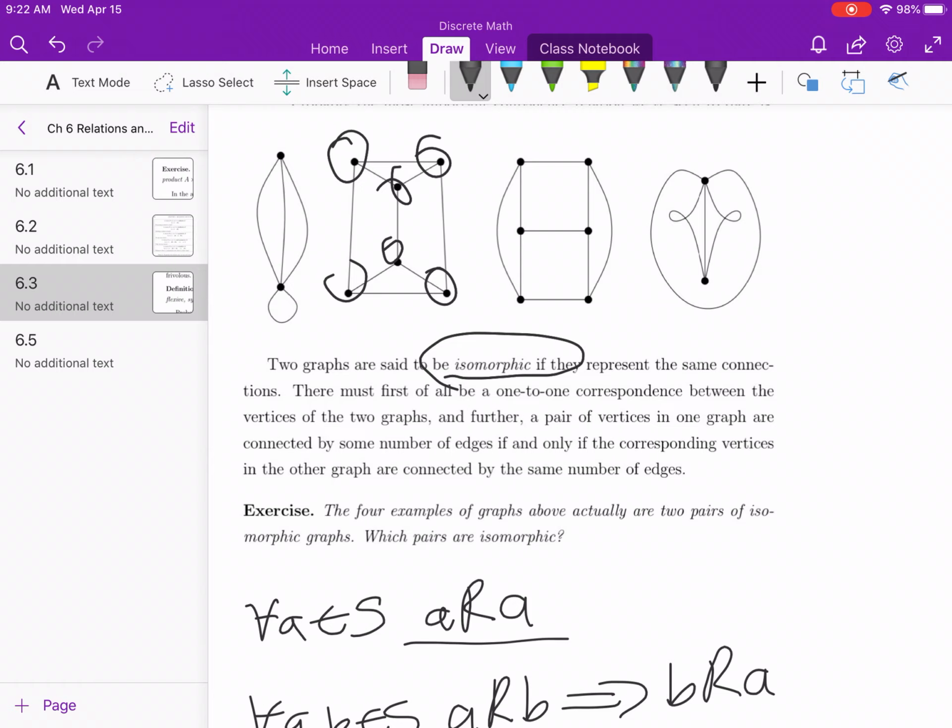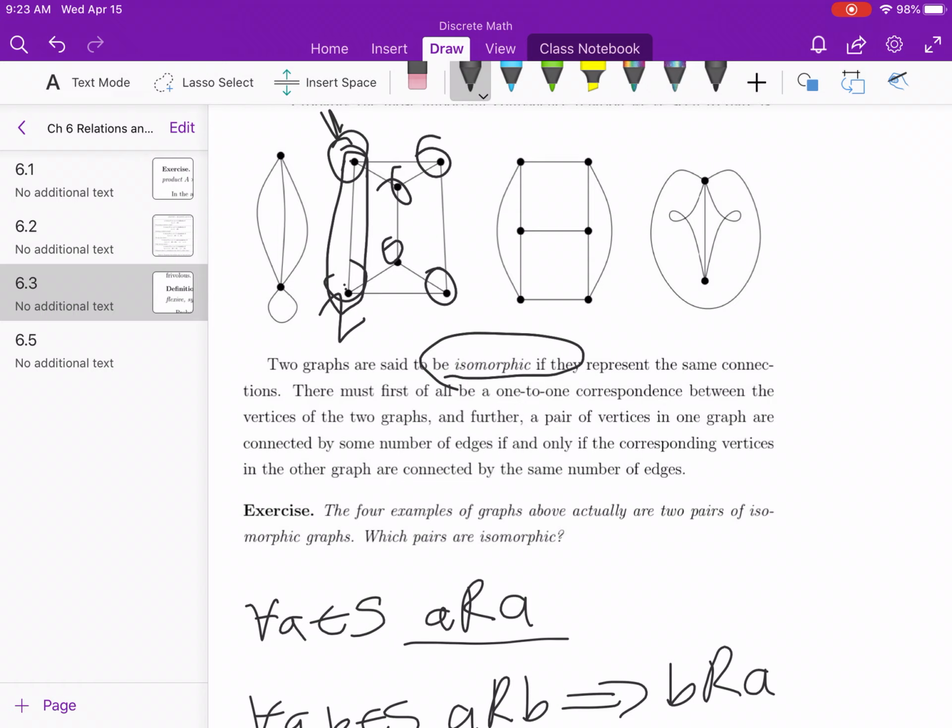So if I called this point 1, and this point down here 2, and I map it to another graph where 1 and 2 are not in the same place, well, 1 and 2 have to have this 1-2 line running between them. There has to be a line that goes from 1 to 2 or from 2 to 1. This is not a digraph, so the direction does not matter in this case. It's an undirected graph.